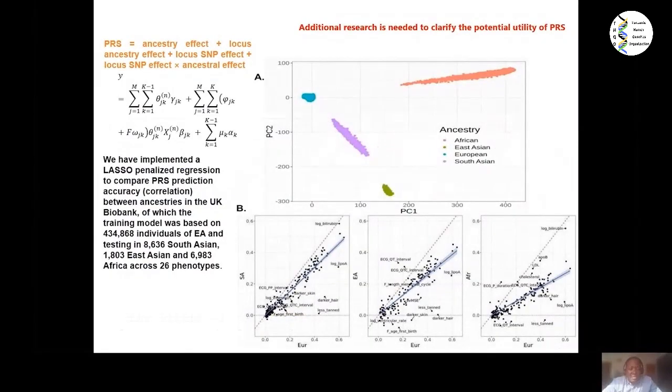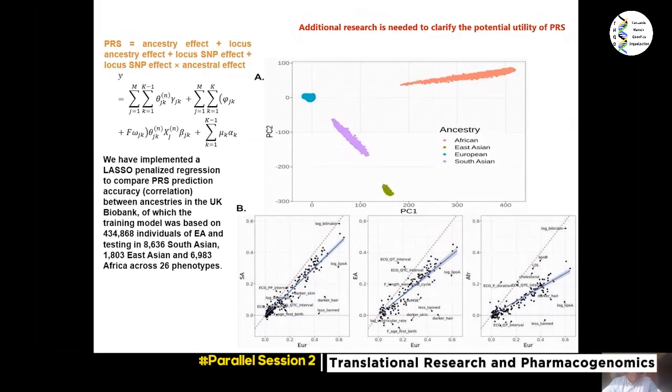We tried to model PRS by modeling additive effects of global ancestry, local ancestry and the SNP effects, and also their interactions, like SNP effects with ancestry effects. That's how we tried to model.